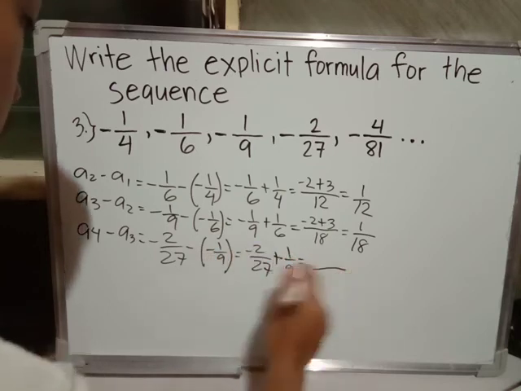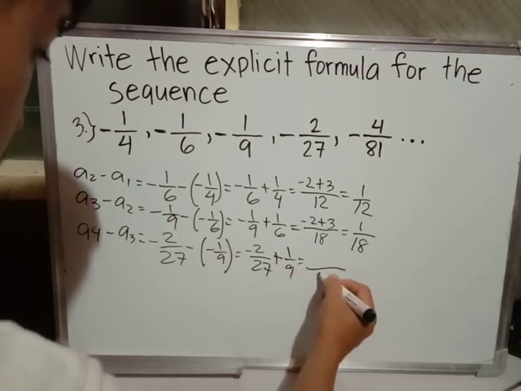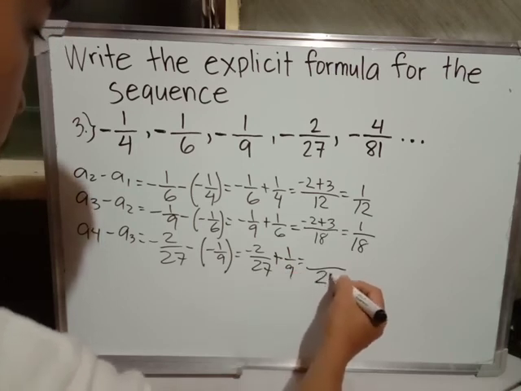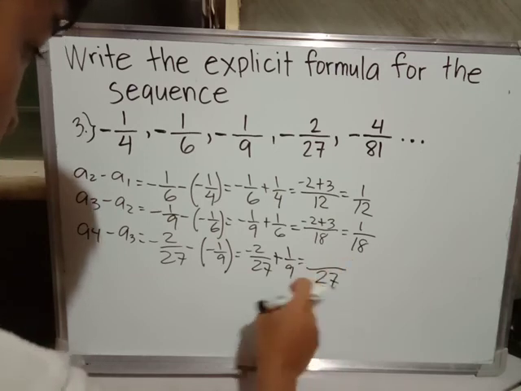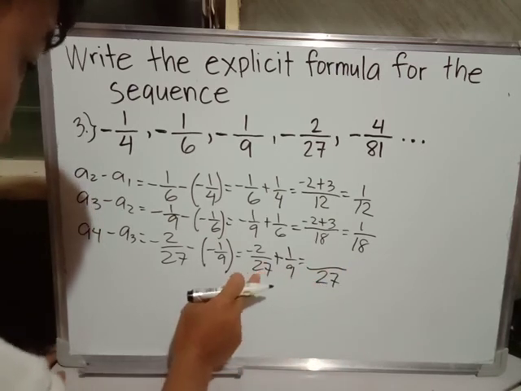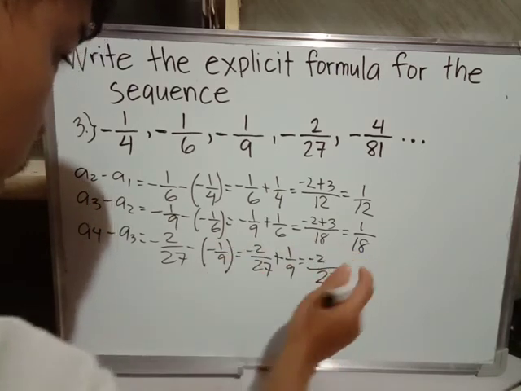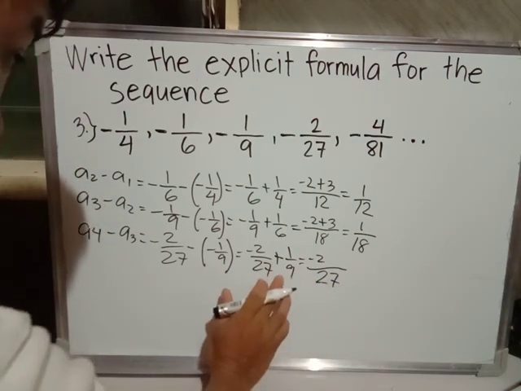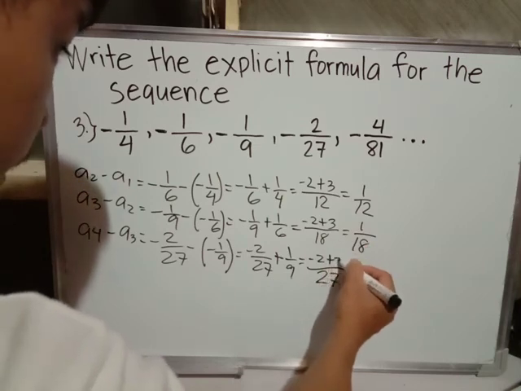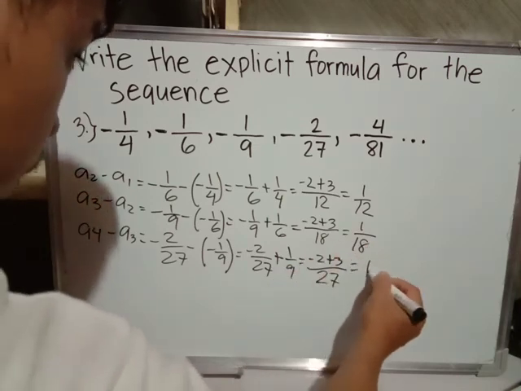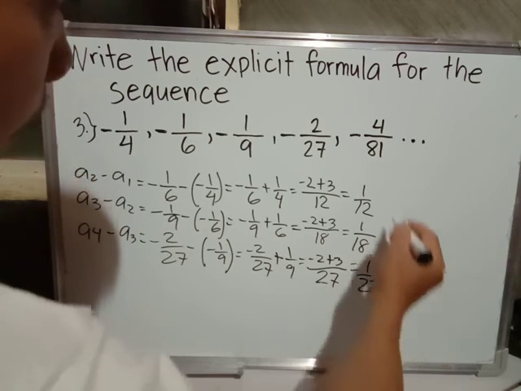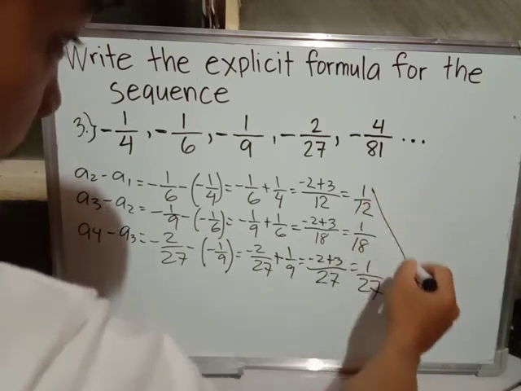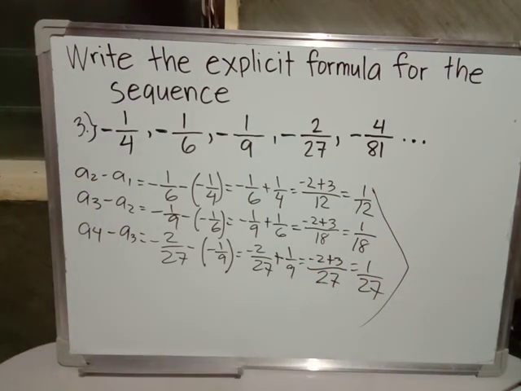The common denominator is 27. 27 divided by 27 is 1 times negative 2 is negative 2. 27 divided by 9 is 3 times 1 is plus 3. So, negative 2 plus 3 is 1/27. So, the sequence has no common difference, or the common difference is not constant.